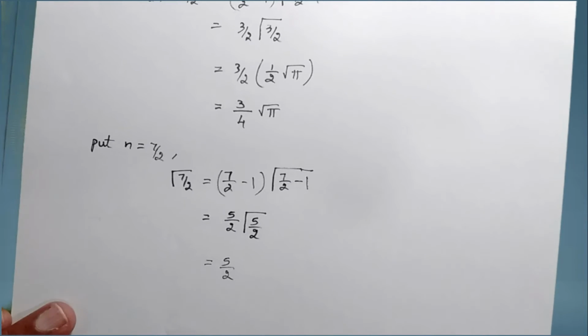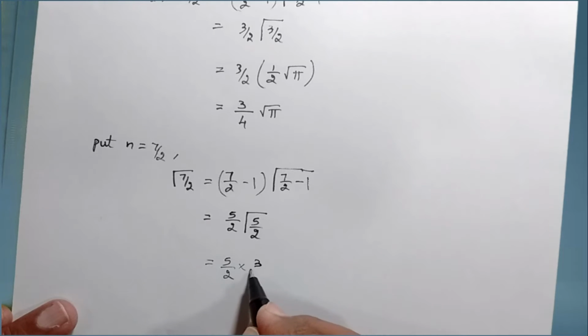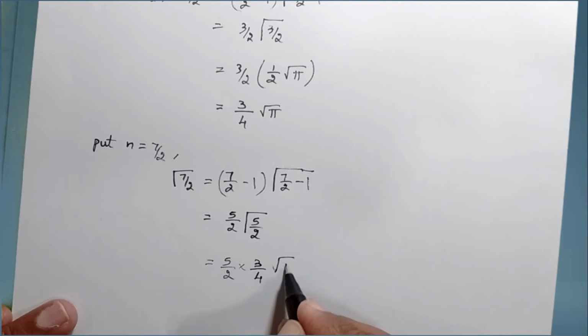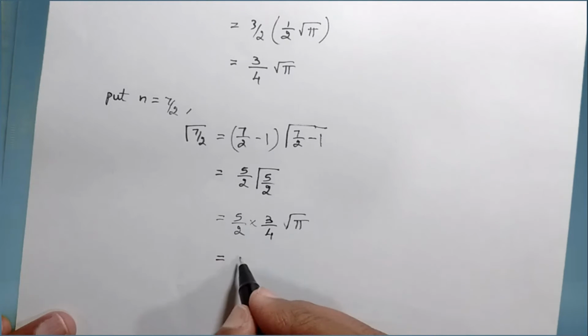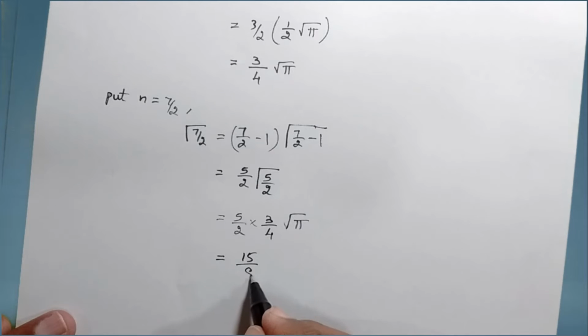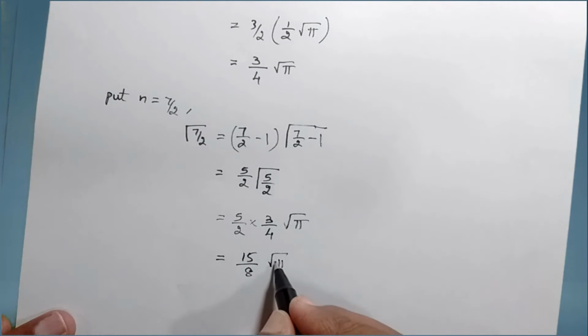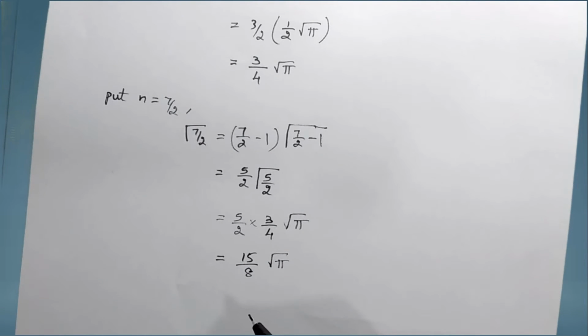So substitute that value here. Simplifying, 5 times 3, 15, by 2 times 4 will be 8, into square root of pi. So you got the value of gamma of 7 by 2 equal to 15 by 8 square root of pi.